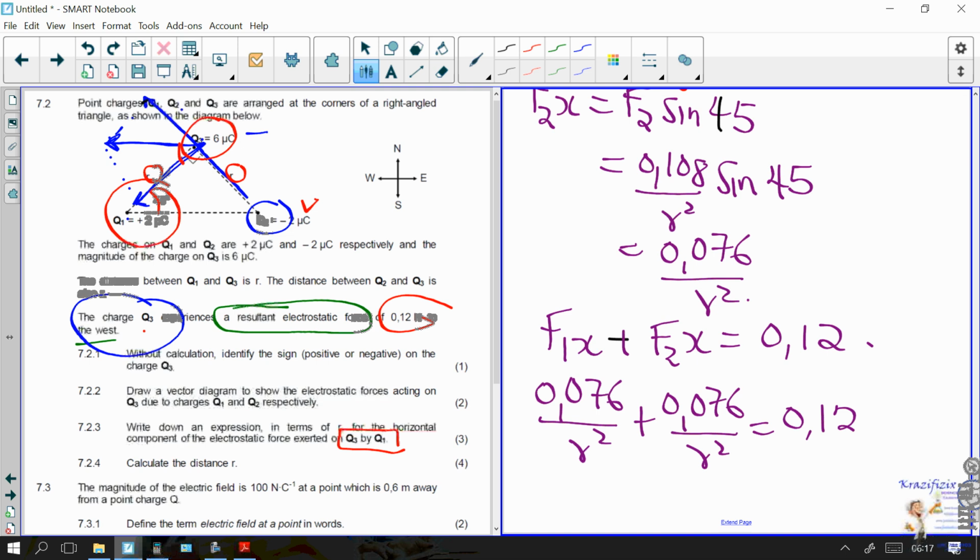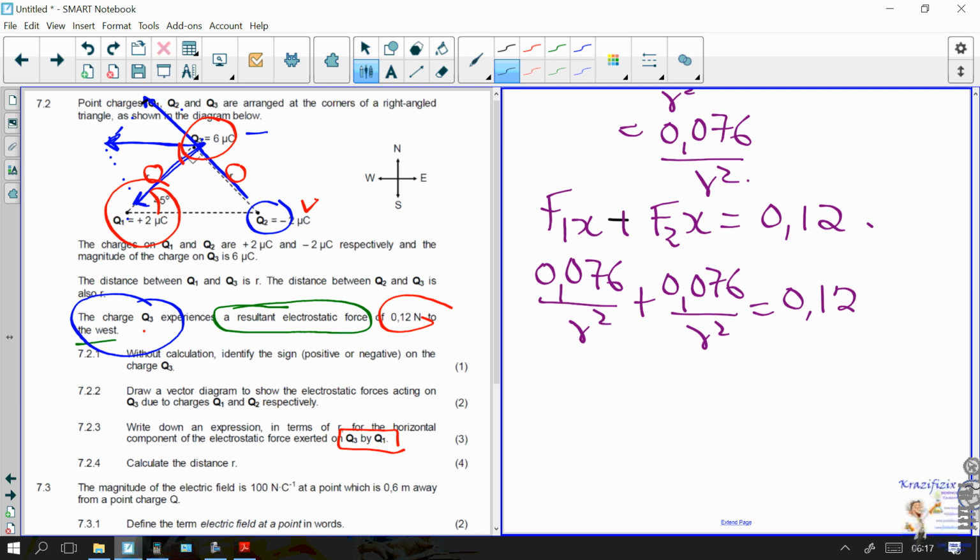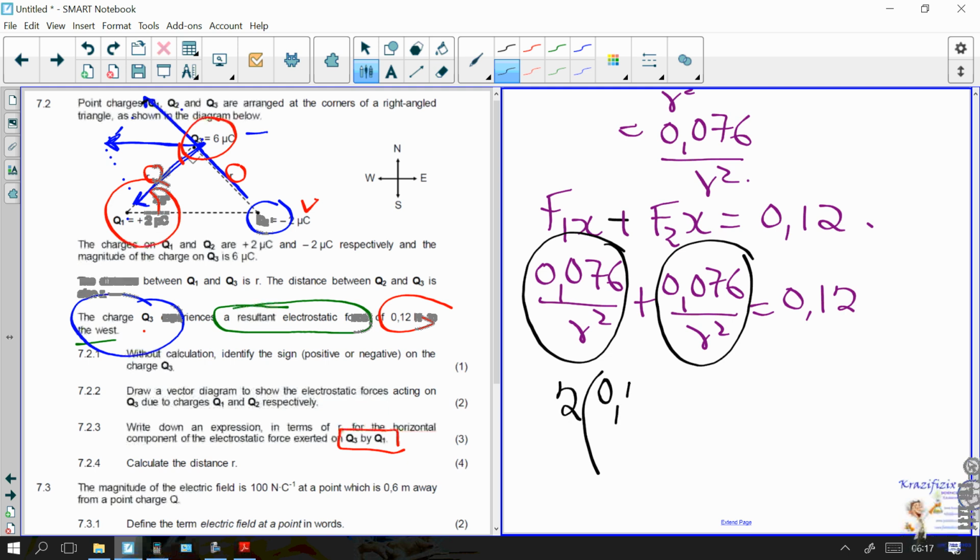What we need to do here is to mathematically solve all of this. These parameters here are the same. It's like saying x plus x is 2x. So I can easily say 2 multiplied by 0,076 over R squared equals 0,12. I hope that makes sense mathematically. Otherwise, you have to find the lowest common multiple here, which will still get you the same thing.